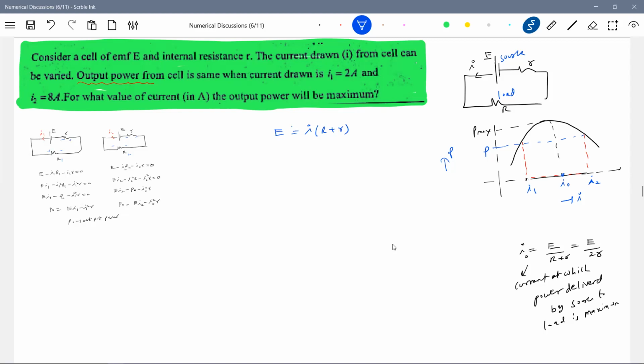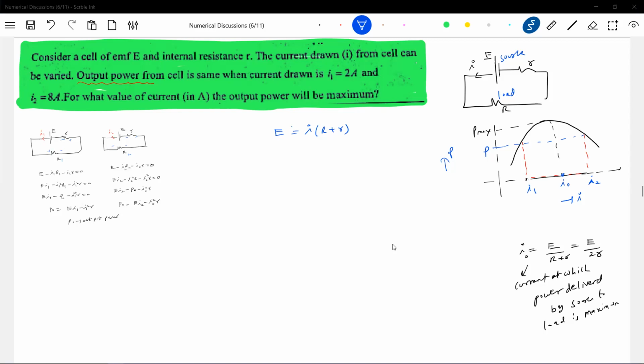How to correlate all these things? Somehow I1, I2, I naught have to be determined from this much data. I think it's purely math based, because now I'm given a curve. The answer will be 5.